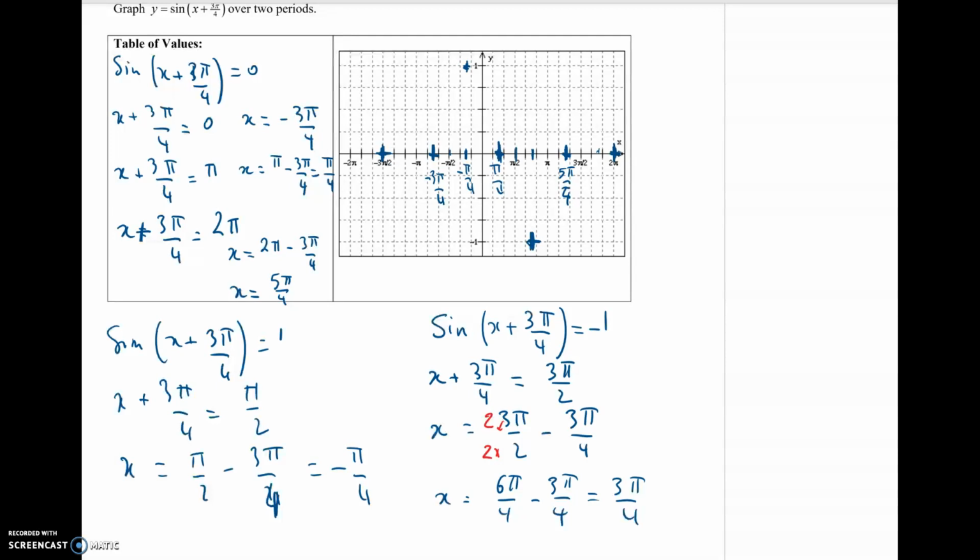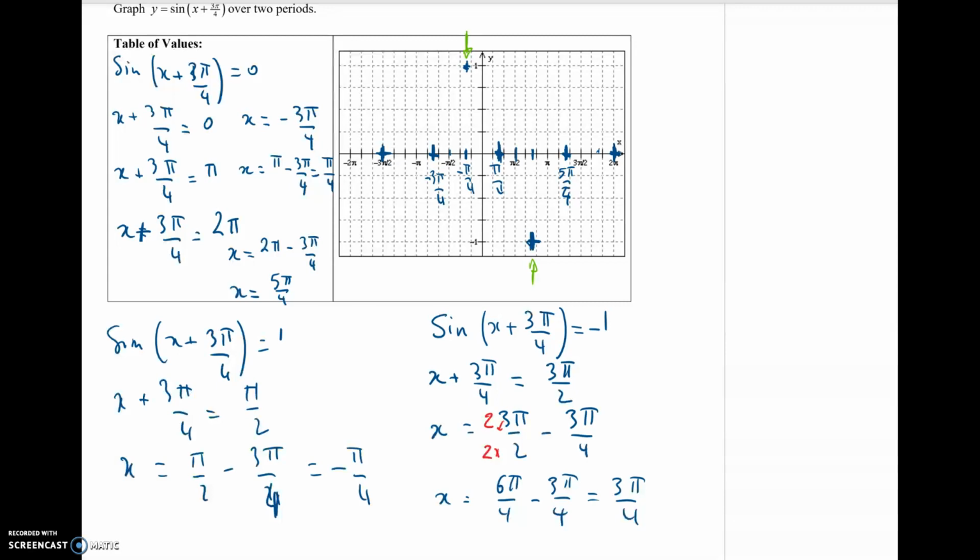So if I look between the value when my sine equals -1 and the value when my sine equals 1, this is the equivalent of half of a period, and in between you have 1 pi/4, 2 pi/4, 3 pi/4, 4 pi/4.